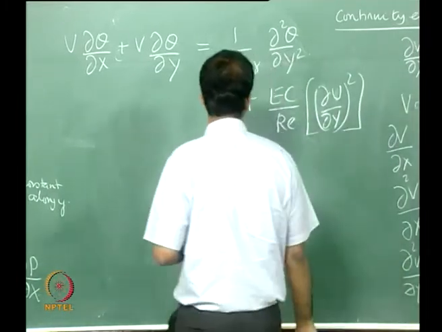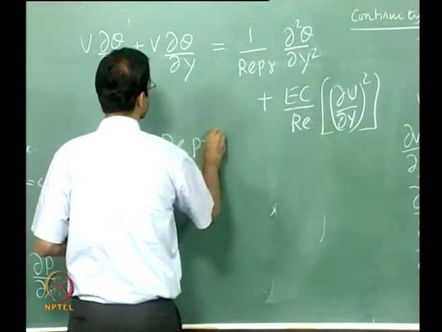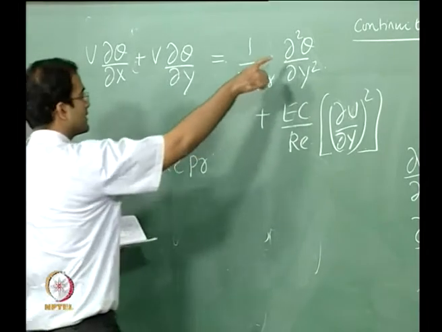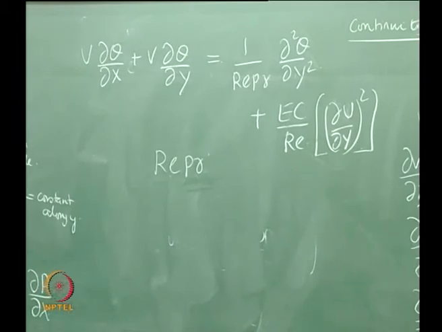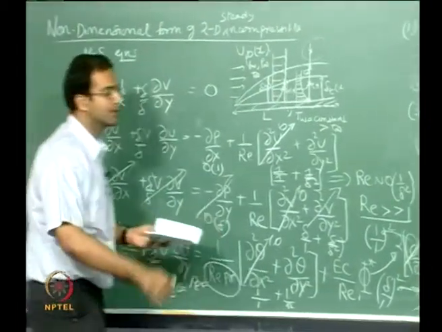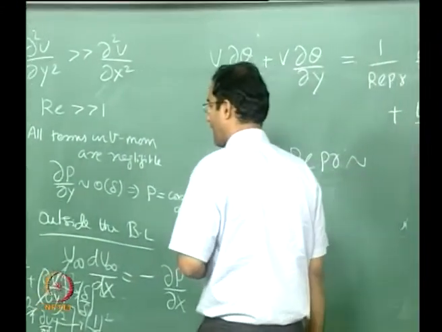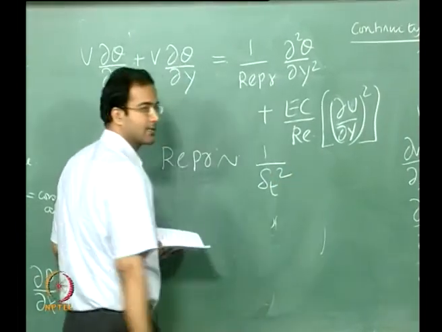Okay. So now what should be the order of RePr? So this is of the order of magnitude of 1 over delta t square, right? So for all the terms to balance, RePr should be of the order of magnitude 1 over delta t square, correct?